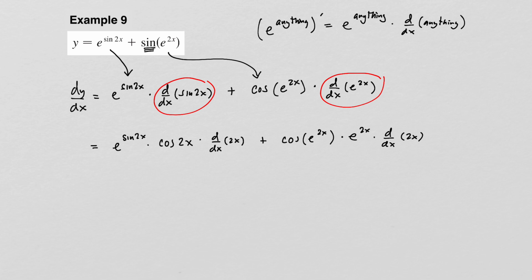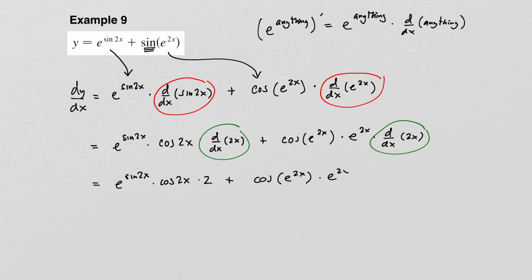So now, of course, these are the same, coincidentally, and the derivative of 2x we know is 2. So we have e to the sine of 2x times the cosine of 2x times 2 plus cosine of e to the 2x times e to the 2x times 2.